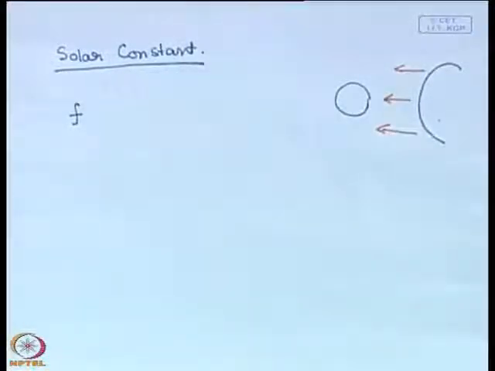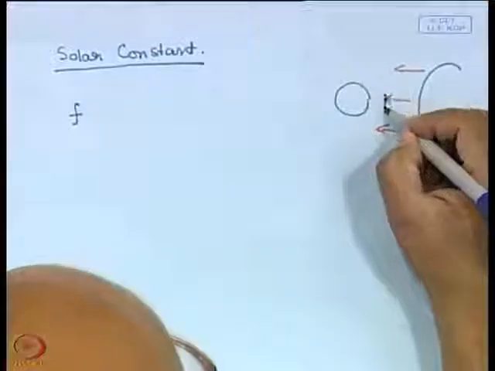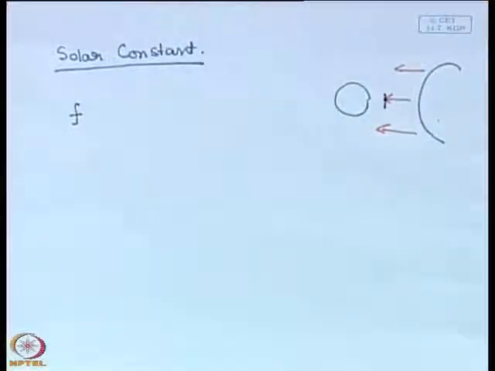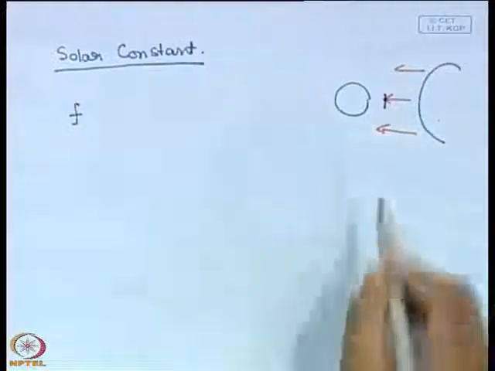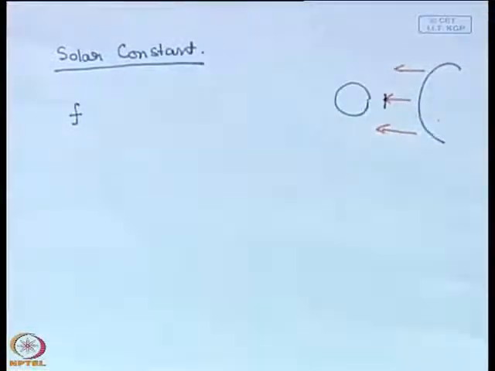What the solar constant measures is the flux of this radiation just outside the earth's atmosphere. Not all the radiation incident on the earth's atmosphere enters the atmosphere. So if you were to measure the flux of radiation on the surface of the earth, it would be considerably less, because part of the radiation gets reflected back.